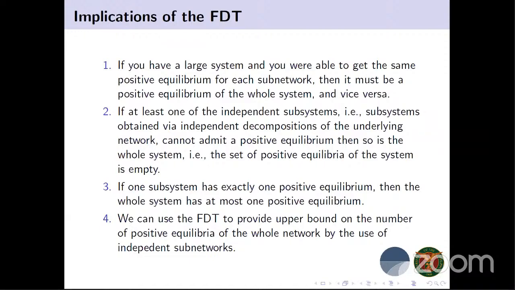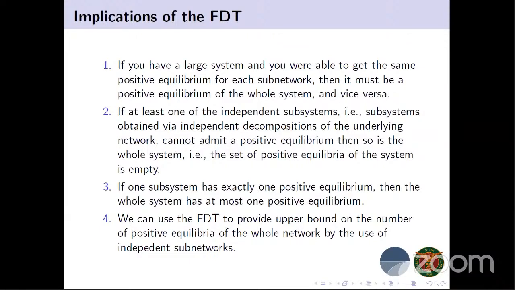And then number two, if at least one of the independent subsystems obtained via independent decompositions of the underlying network, with the endowment of the kinetics for those subnetworks, cannot admit a positive equilibrium, then neither can the whole system. That is, the set of positive equilibria of the system is empty.